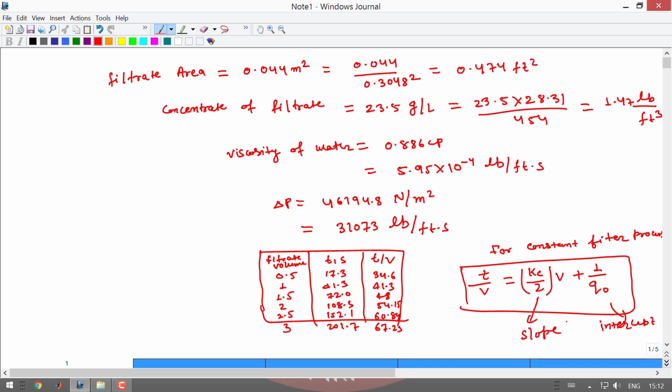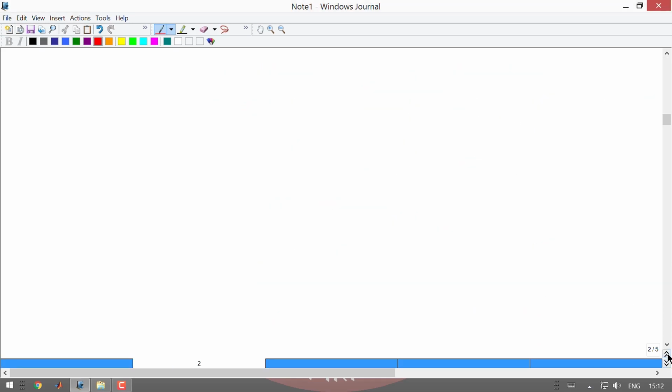So, I am going to do a rough plot for this. T by V versus volume, with volume axis 1, 2, 3, 4, 5 and T by V axis 10, 20, 30, 40, 50, 60, 70.